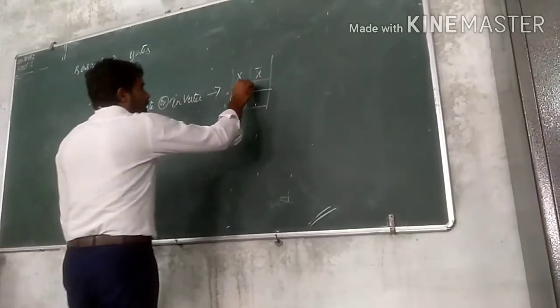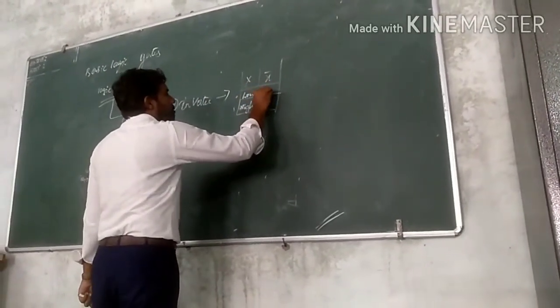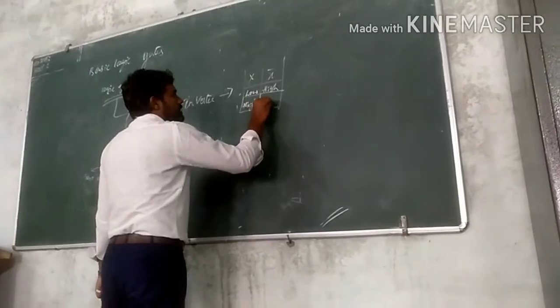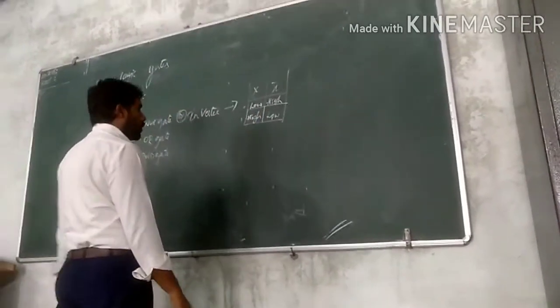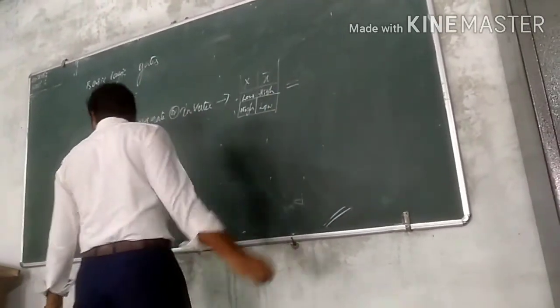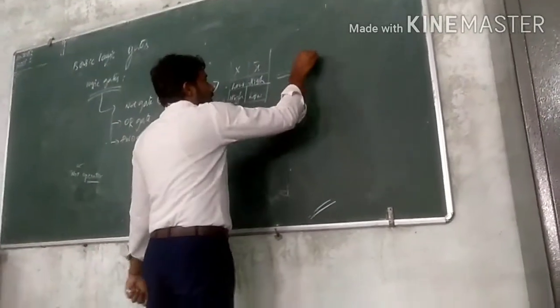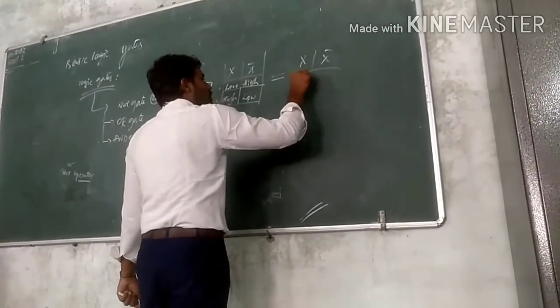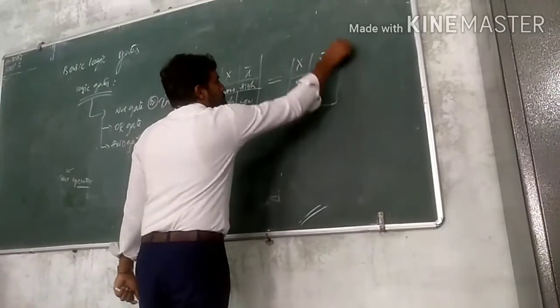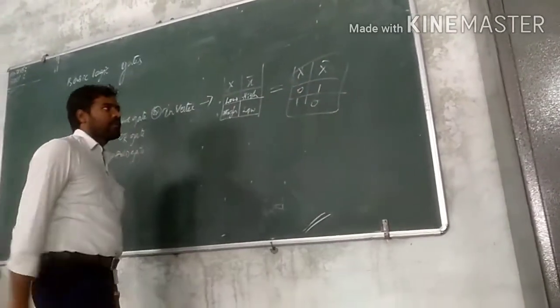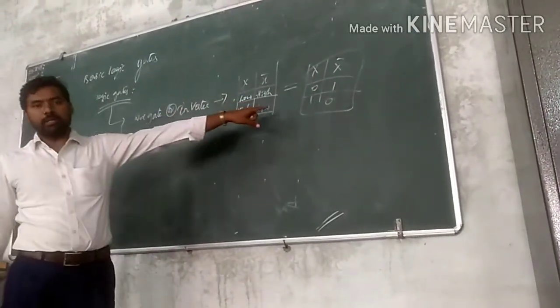So if it is low, then it must become high. If it is high, then it must become low. So this can be written as 0 1, 1 0. This is the way of writing the logic gate truth table.